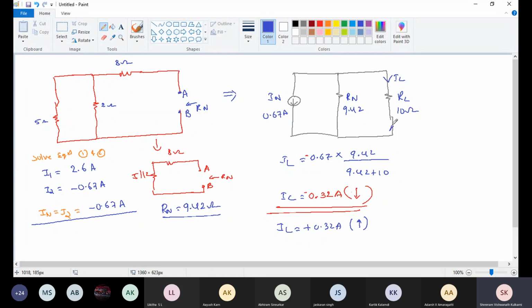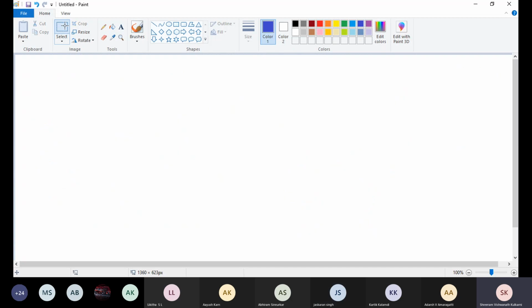If I mark IL here, then this will be plus 0.32 ampere, and this will be minus 0.32 ampere. If the direction is the same as IL, it is plus; if I mark it in the opposite direction, then minus 0.32 ampere. Understood, right?